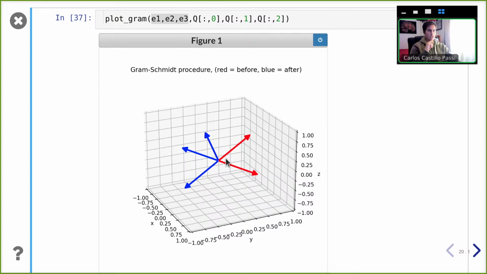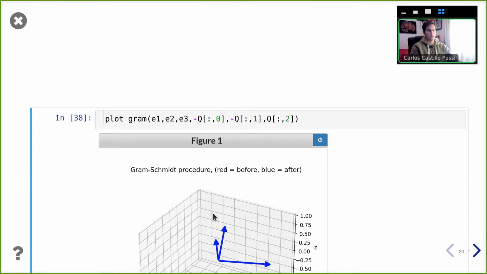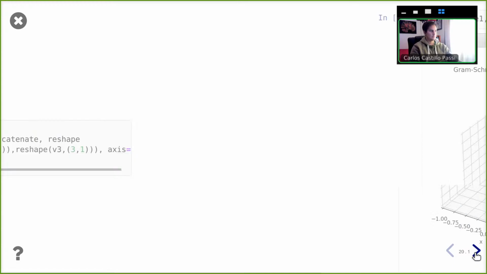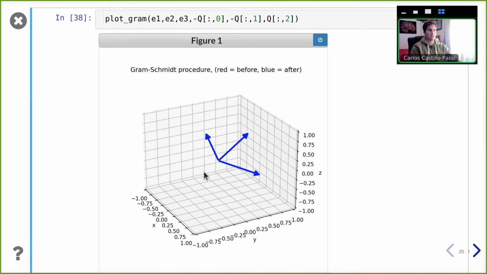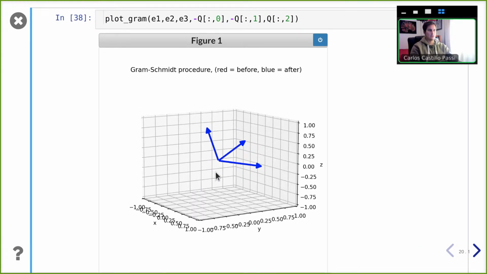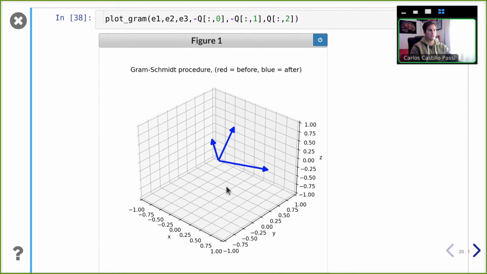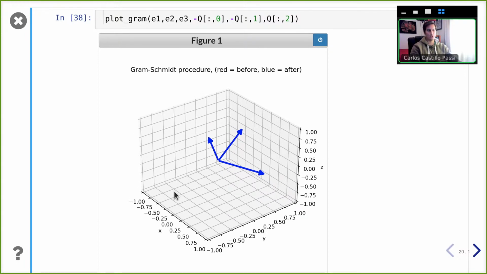For example, here these are pointing to the other direction, basically. If I multiply the first two by -1, they are exactly the same. Here. As you can see, those are exactly the same. The only thing that could change is that it was pointing to the other way, but it's basically the same vector.